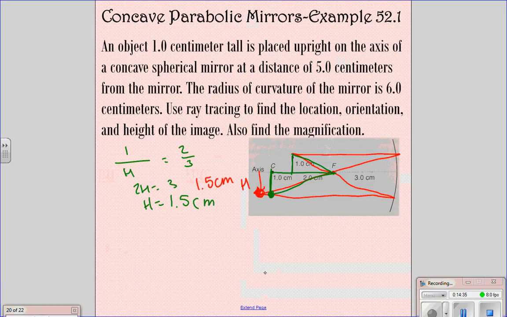So the height of our image is 1.5. That's what we just found. And the height of the object is 1.0. That's what they gave us here. So if you divide that, you get 1.5. And so that would be your magnification.